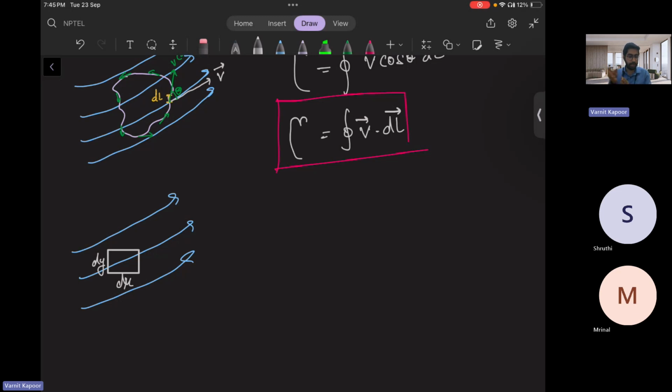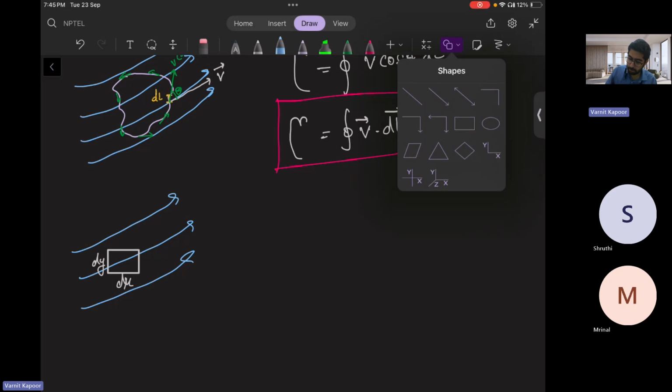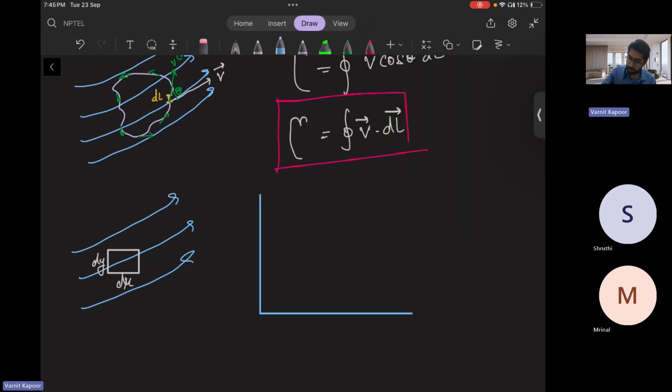I'll study one and then integrate over the whole, which will give me the complete circulation. So I'll make a zoomed view of this. This is dx, this is dy, and the corners are A, B, C, D. The flow is like this, so my whole flow will be anti-clockwise along the loop.